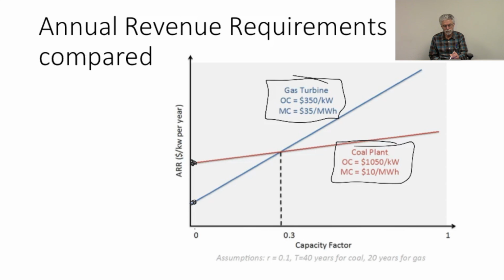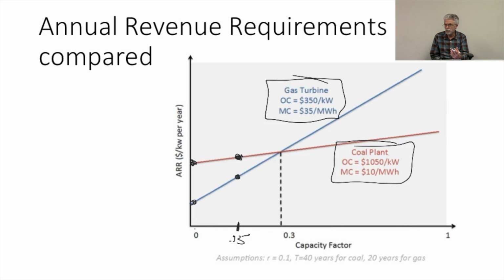And so let's take a capacity factor of, say, 15%, about half of the 30% marked here. At 15%, the annual revenue requirement for a coal plant is much higher than the annual revenue requirement for a gas turbine, mainly because the capital expenditures for the gas turbine are very small compared to the capital expenditures for a coal-fired power plant.